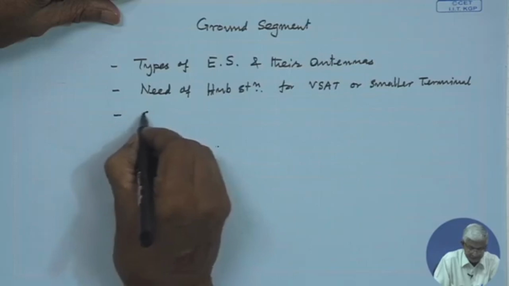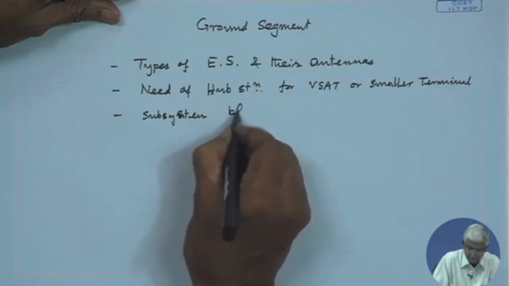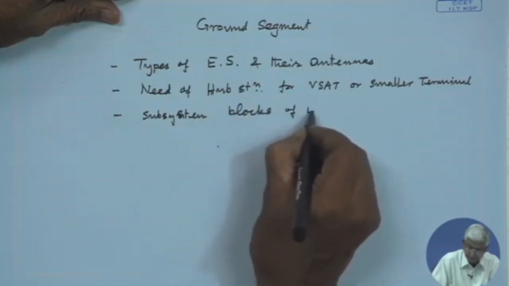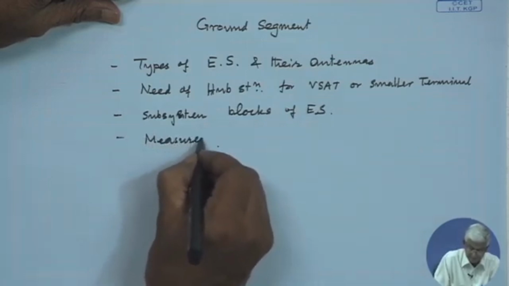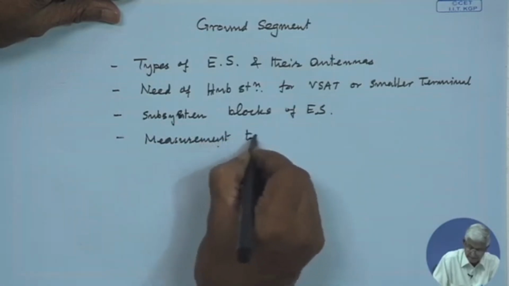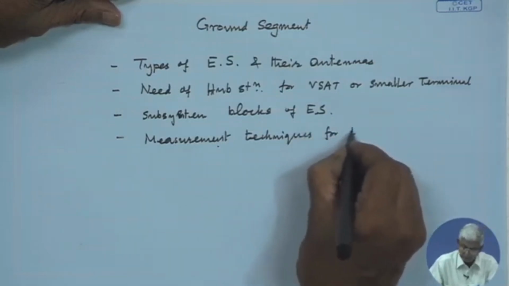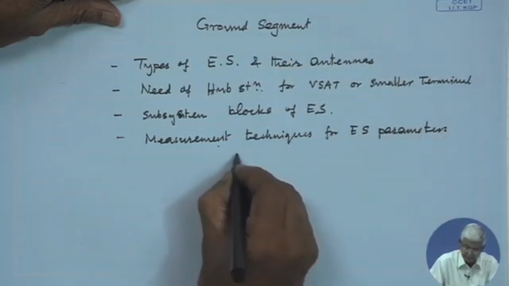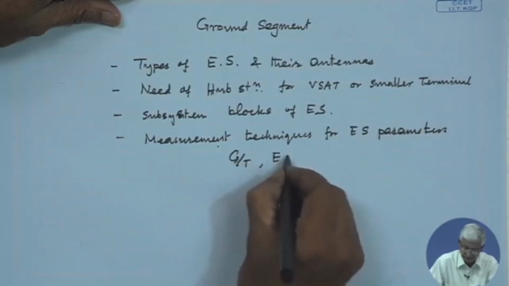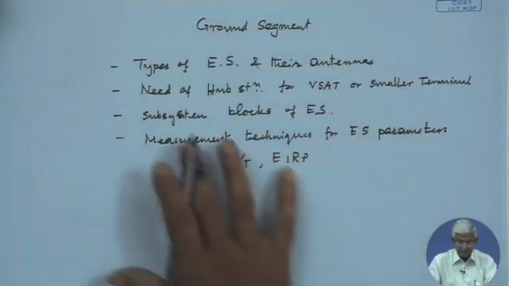And then we have the subsystem blocks of a station, and then also we have measurement techniques for station parameters like G by T or EIRP, etc. So, for the ground segment, more or less we now have a good idea.